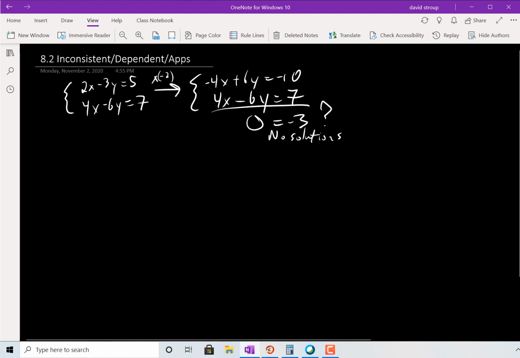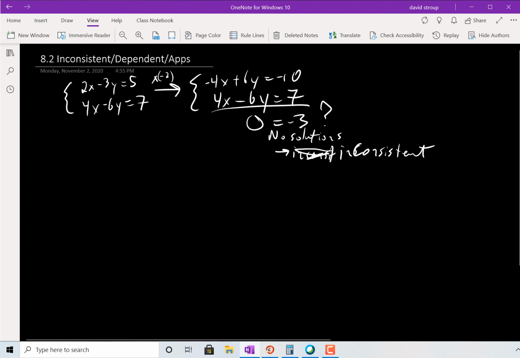This stuff happens when you have bigger systems, and we want to see them in the context of matrices, and how to identify them there. The inconsistent is basically the no solution cases. So that word inconsistent, think of it as things are out of order. It's not working. So that'll be the no solutions case. Inconsistent.